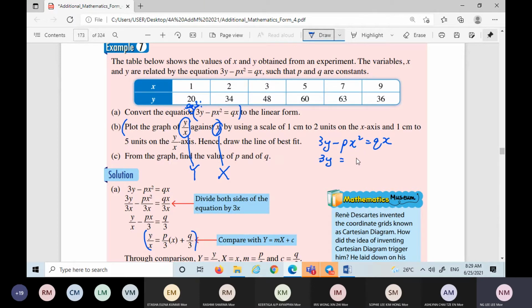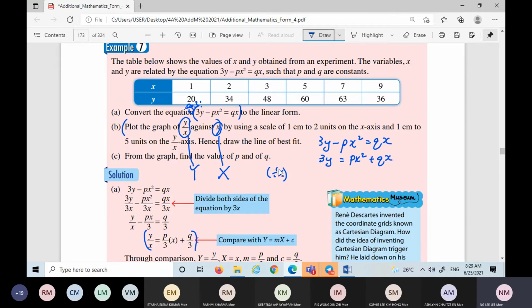px squared. I'm not sure which term first. So negative moved to the right-hand side becomes positive. Next, you see capital letter Y as y over x means I need to divide every term by x. So simple. Then you see I don't want the 3 here.